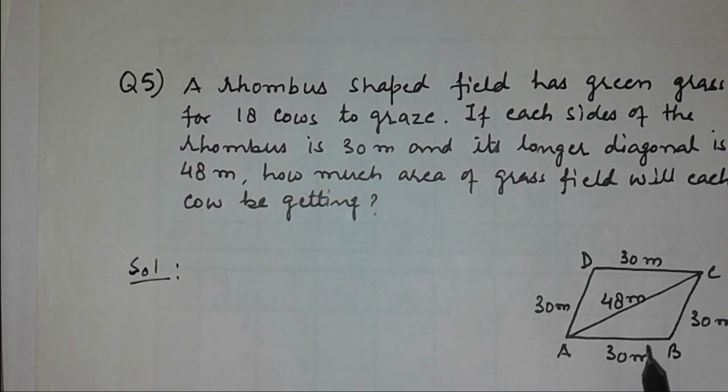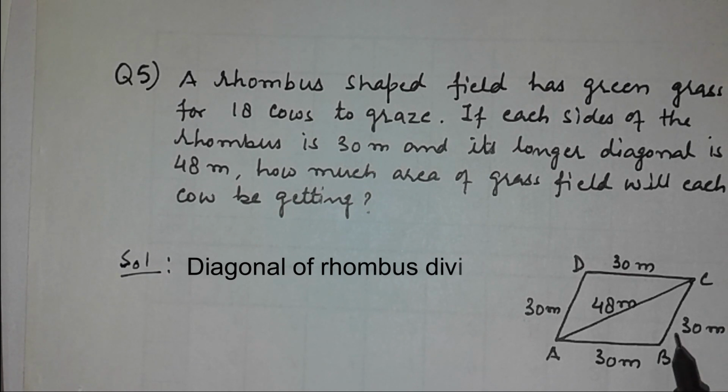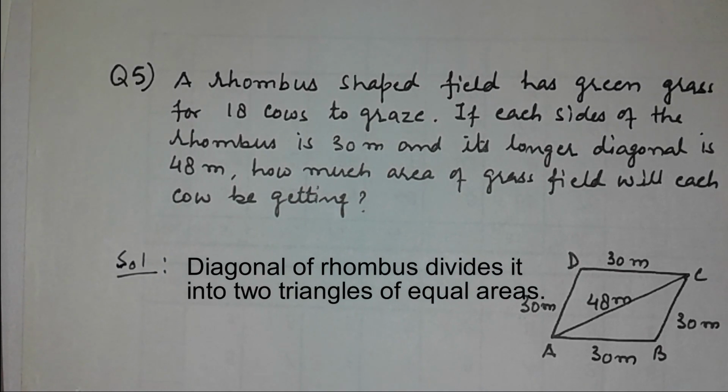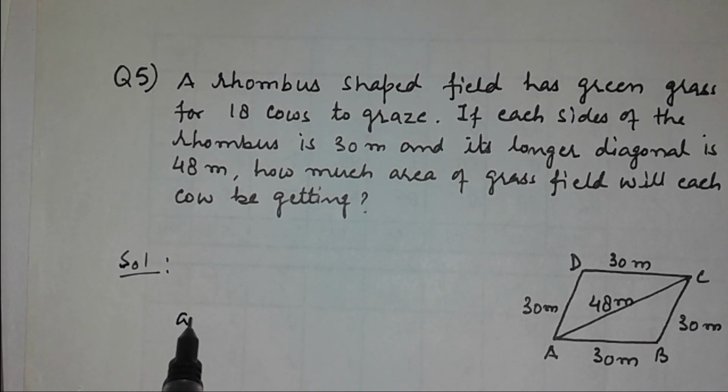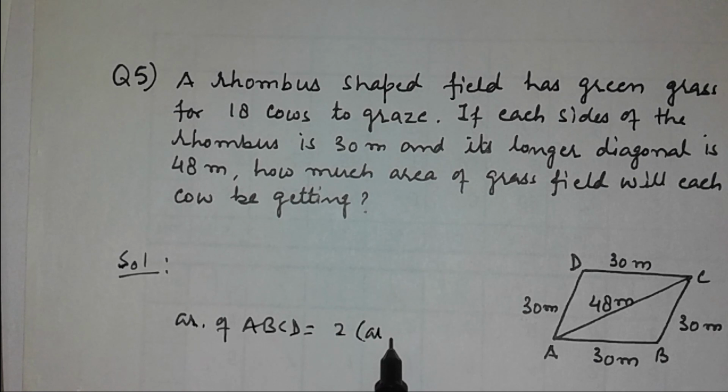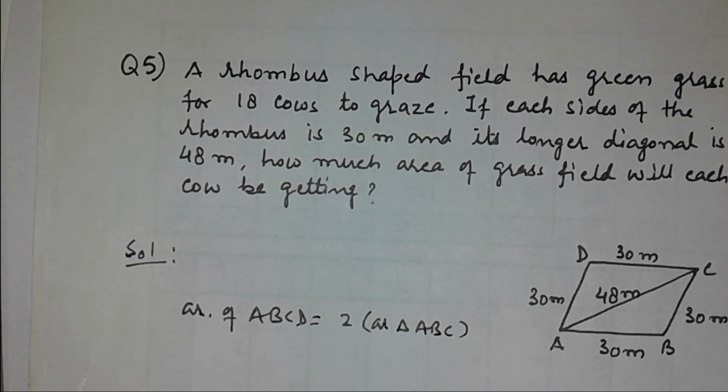See, as we know, the diagonal of a rhombus makes two triangles of equal area. So area of ABCD is actually twice the area of triangle ABC. So if we find the area of triangle ABC and multiply it by 2, we'll get the whole area.